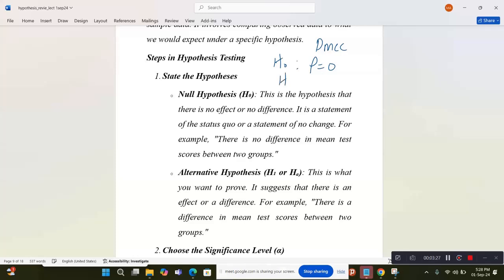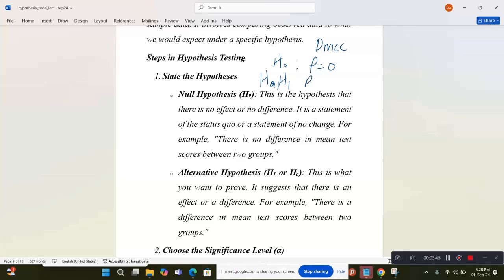Then, depending on the type of test that you're going to do, comes the alternative hypothesis. Others use HA, or H subscript 1, and they all mean the alternative hypothesis.